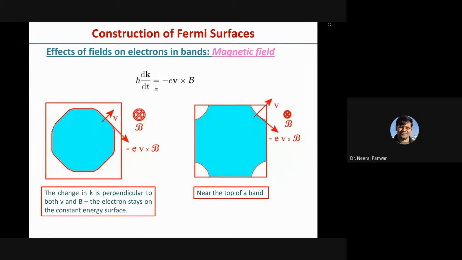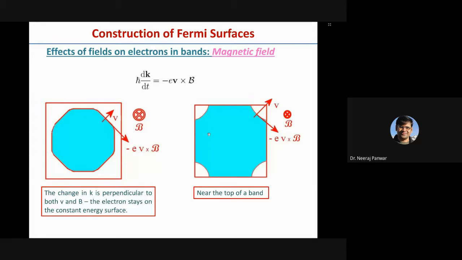Therefore, with V cross B, the force on the electron would be in this direction. So under the influence of this magnetic field, the electron is going to move on this surface like this. This is the scenario when the Fermi surface is in the first Brillouin zone.